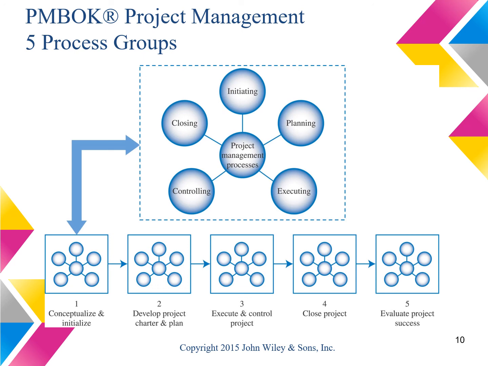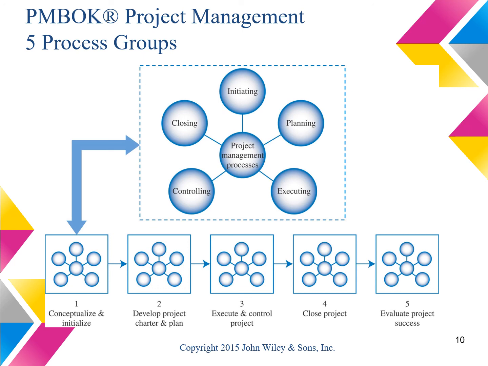PMBOK has 5 process groups. The conceptualize and initialize process group is focused on starting or initiating a project. And once commitment is obtained, the planning process group starts to develop and maintain a workable plan to support the project's overall goals. The executing process group focuses on coordinating people and other resources to execute the plan.